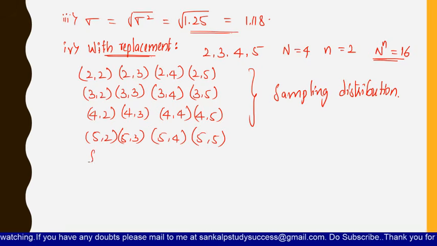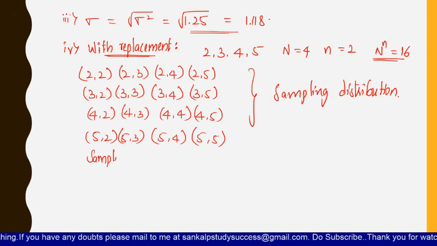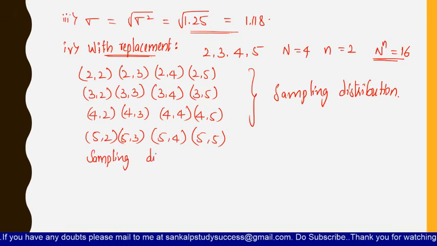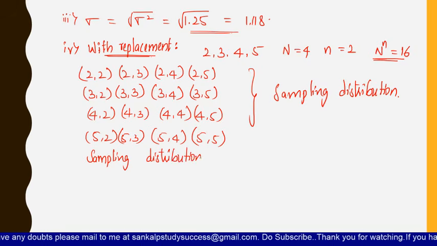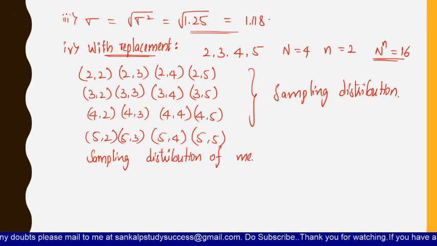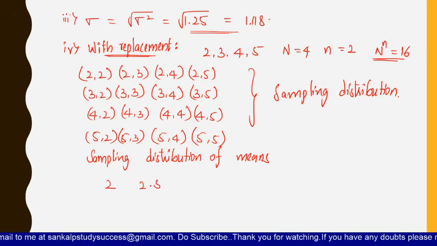So the sampling distribution of means is as follows. 2 plus 2 is 4, 4 by 2 is 2. 2 plus 3 is 5, 5 by 2 is 2.5.